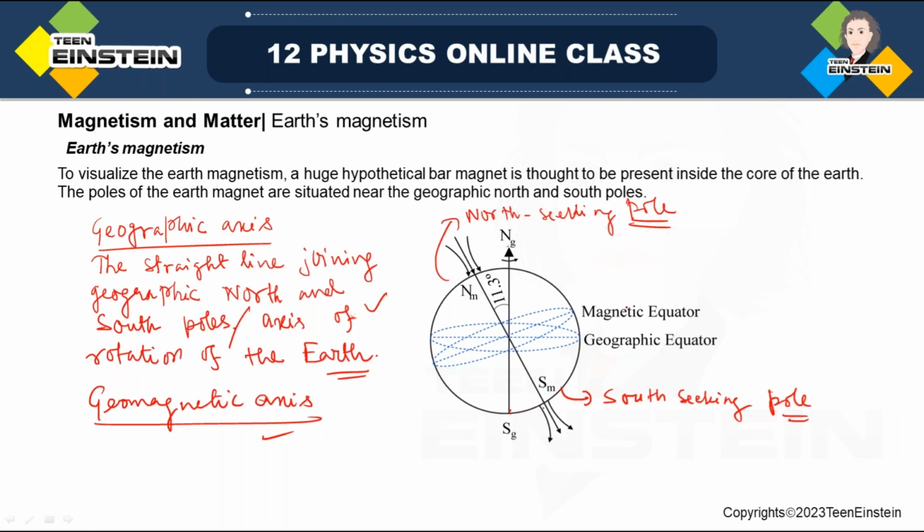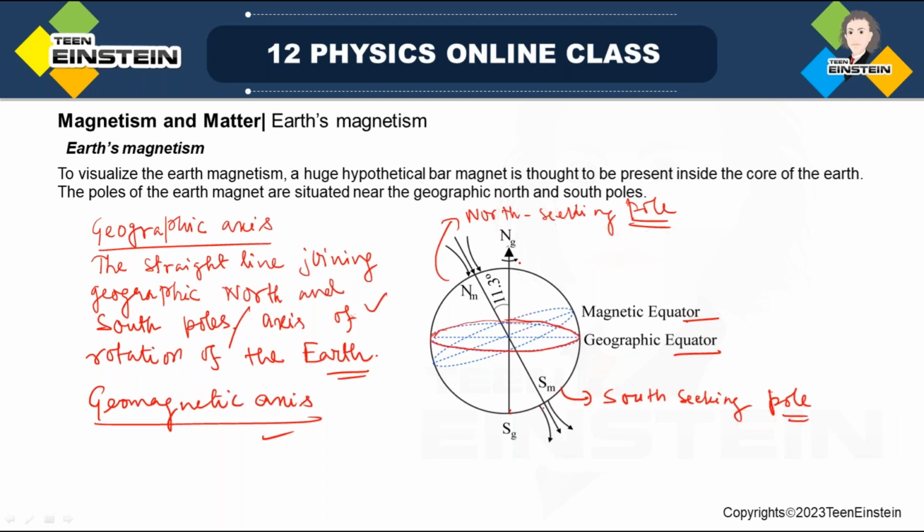Now what is the magnetic equator and what is the geographic equator? See, geographic equator is the great circle. If you draw the great circle which is perpendicular to the geographic axis, drawn on the surface of the earth, and since earth is nearly spherical, you will get a circle itself.